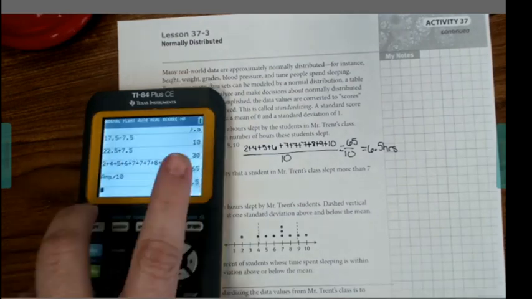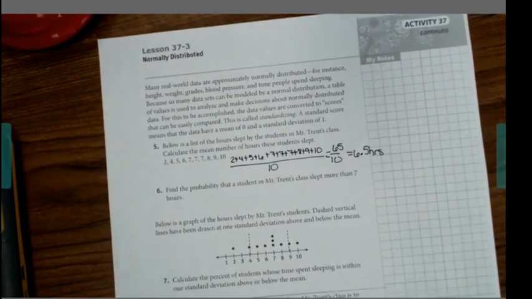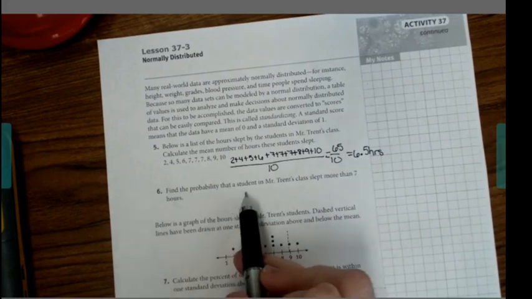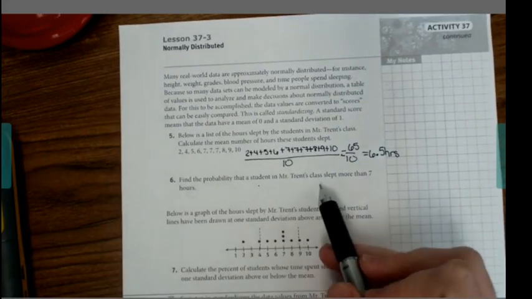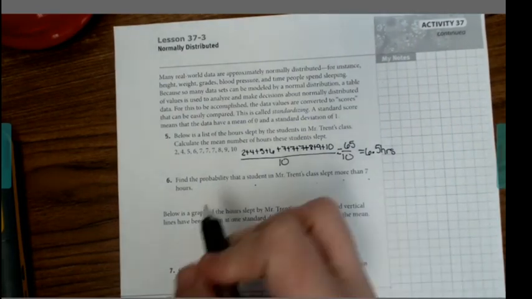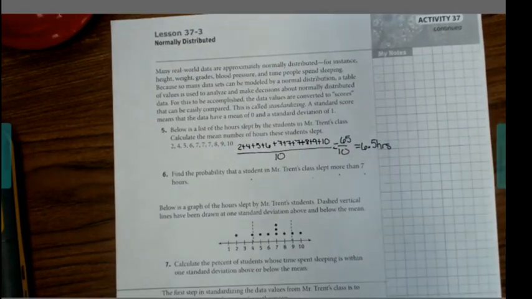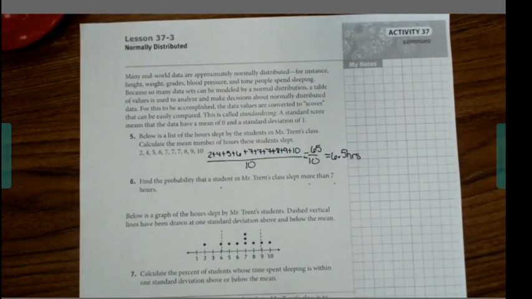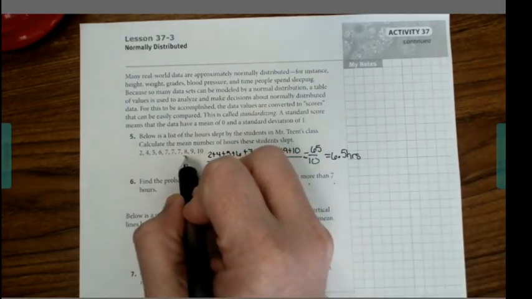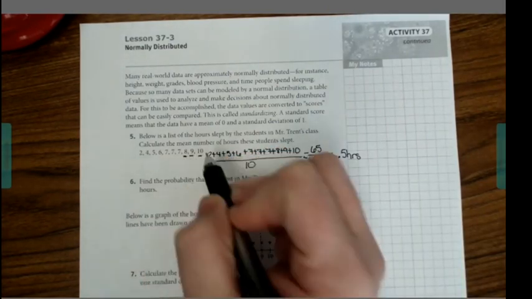Let's take a look at 7. Question 7 says, find the probability that a student in Mr. Trent's class slept more than 7 hours. Well, we're going to look back at this data. How many of these kids slept more than 7 hours? Well, I can't include the 7. So I would have to include the 8, the 9, and the 10.